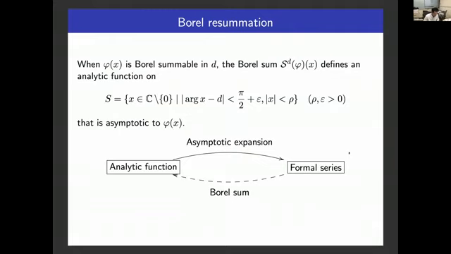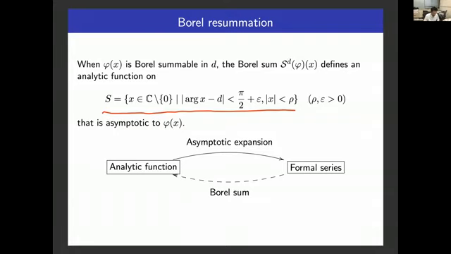the Borel summation. So when phi x is Borel summable in d, then the Borel sum S_d phi x defines an analytic function on the sector here. And the Borel sum S_d phi is asymptotic to phi x.